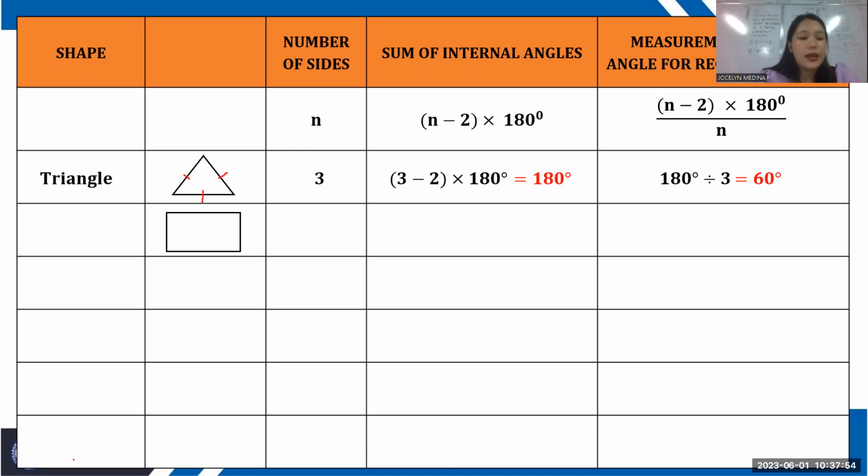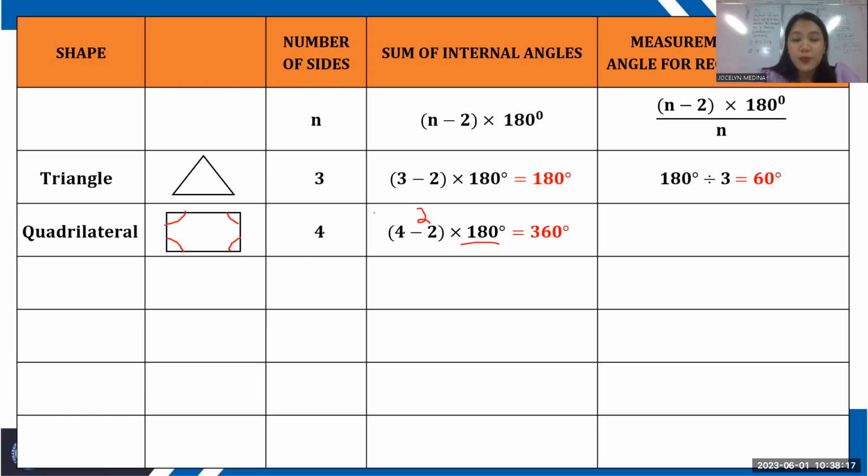Okay, let's try another one. A polygon with 4 sides is what we call quadrilateral. So, ilan naman kaya yung measurement ng kanyang interior angles? So, first, let's substitute 4 in your n. So, that's 4 minus 2 is 2 times 180, 360.